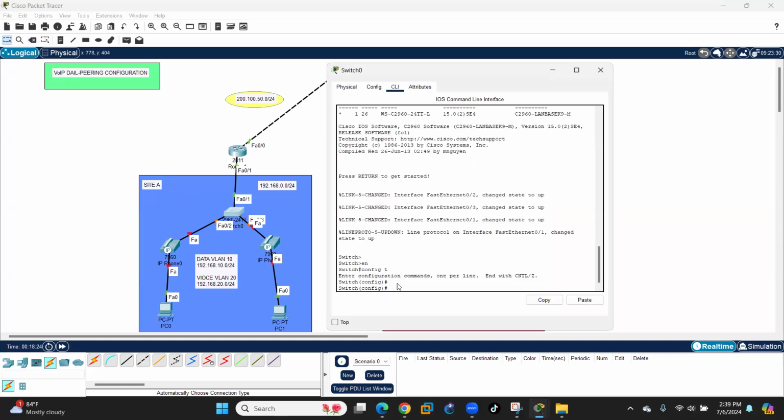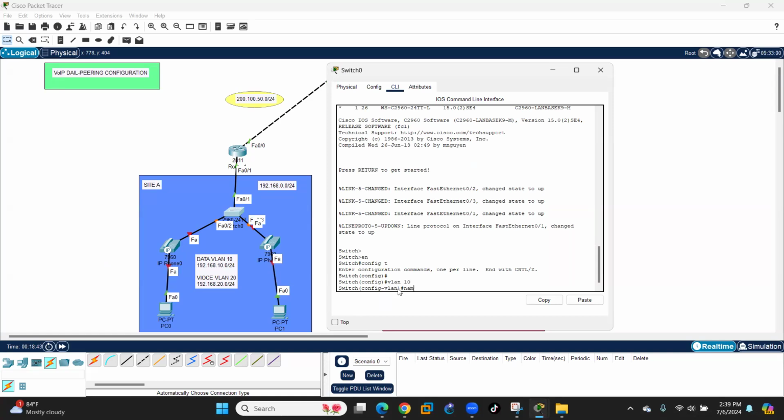So open your switch and configure your VLAN first. The data VLAN is for the PC, while the voice VLAN is for the phone. So the data VLAN is VLAN 10, name data. Please make it in caps.